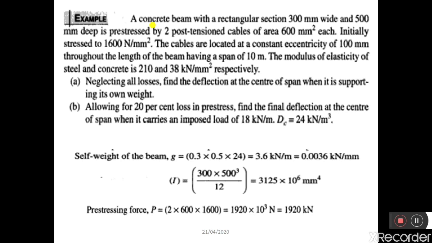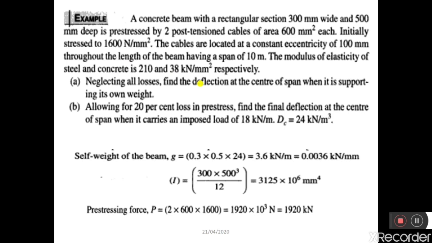Young's modulus for steel and concrete is given. So here he has given two conditions. First one is neglecting all the losses. We should find the deflection at the mid-span by considering its own weight and pre-stress.